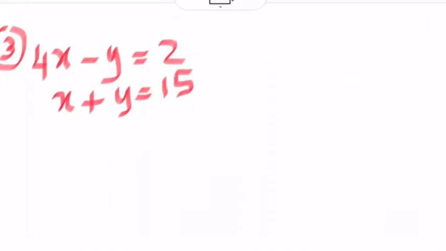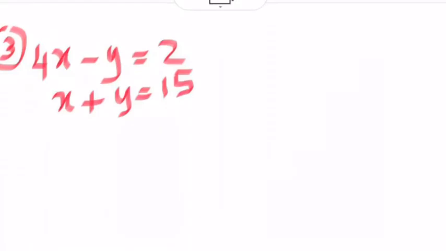Okay, yang mana senang untuk eliminate? Kita tengok yang variable dia same coefficient. Y lah, kan? Kalau x, satu ada 4x, satu ada x, so tak boleh nak tolak. Eliminate means you want to jadikan dia 0. Lebih senang yang coefficient dia sama lah.